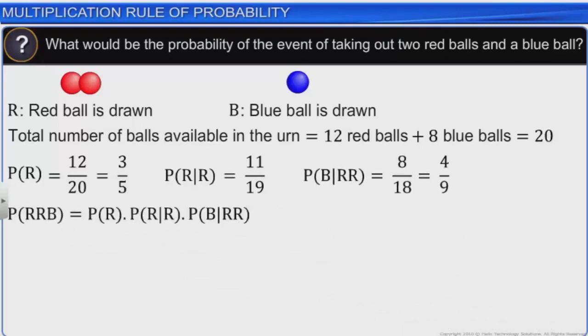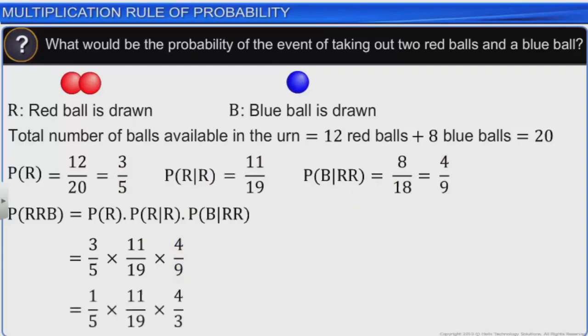Substituting the values of the probability of R, the probability of R given R, and the probability of B given RR, we get the expression as shown. On simplifying, we get 44 divided by 285.